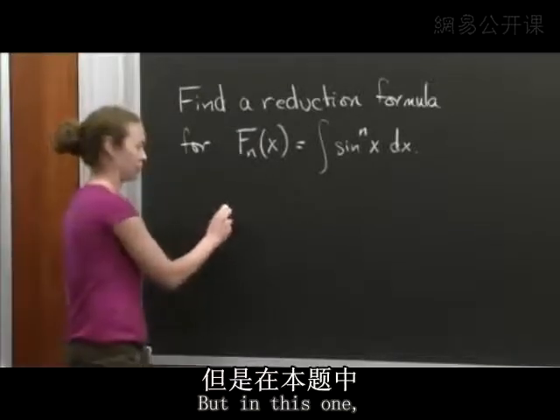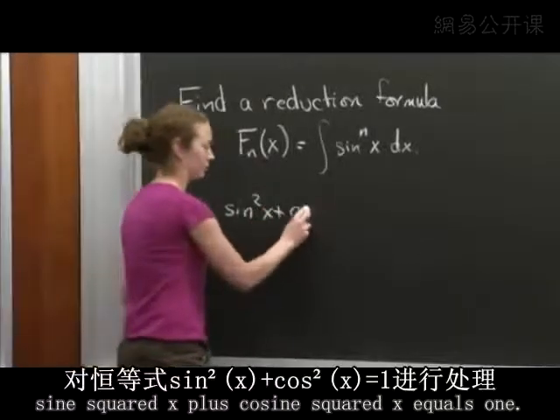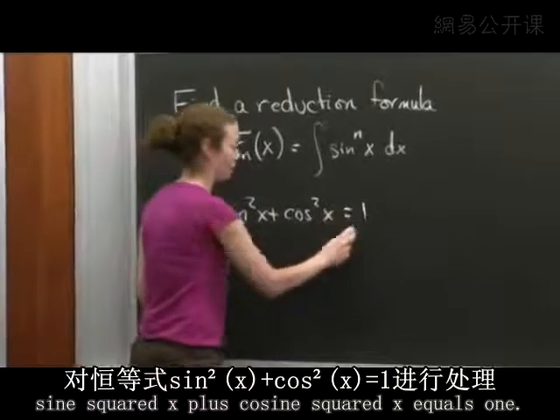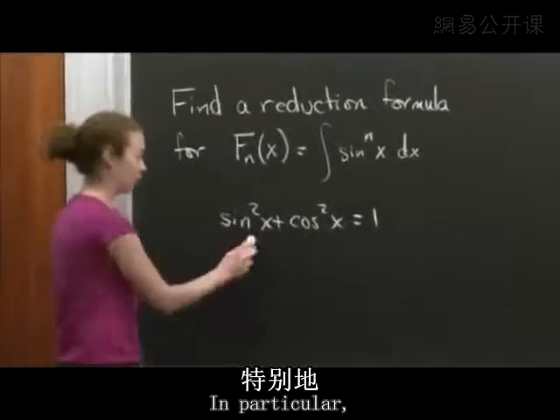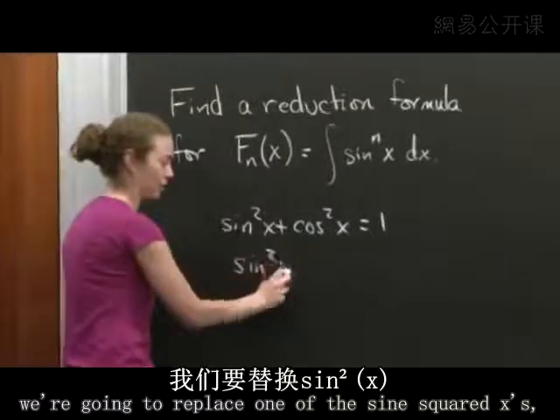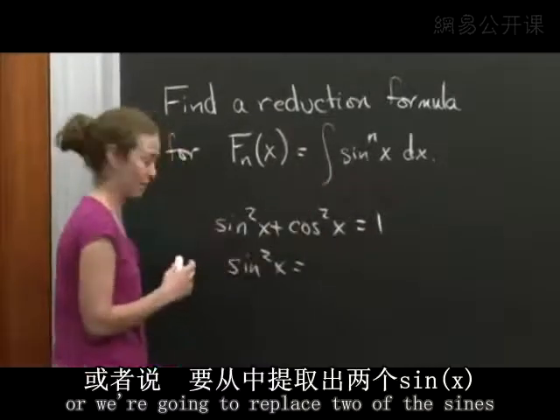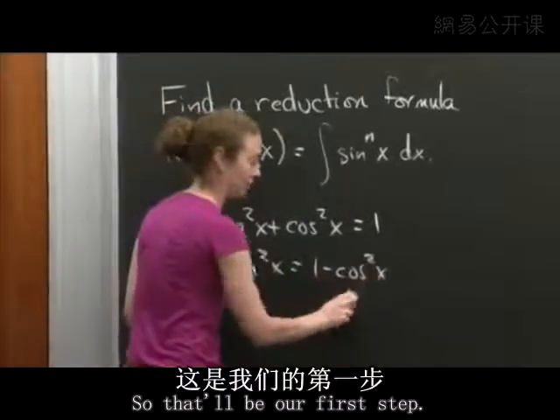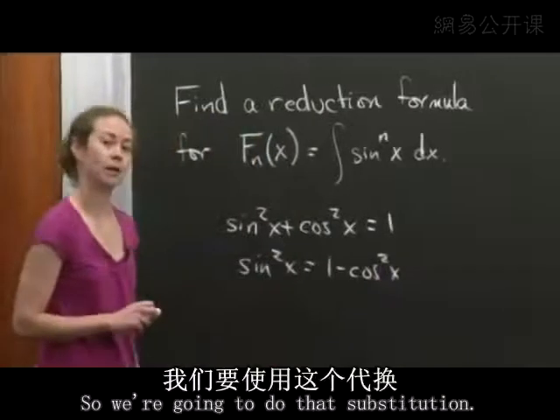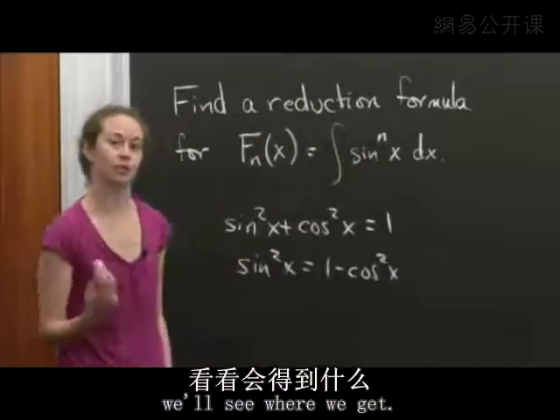But in this one, we're more interested in manipulating the identity sine squared x plus cosine squared x equals 1. In particular, we're going to replace two of the sines by 1 minus cosine squared x. So that'll be our first step. So we're going to do that substitution, and we'll break it into some pieces. We'll see where we get.